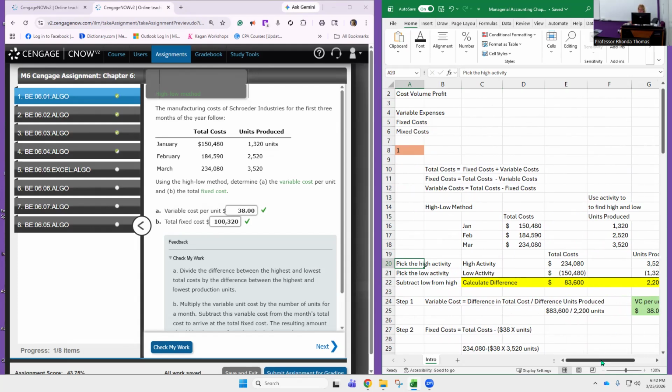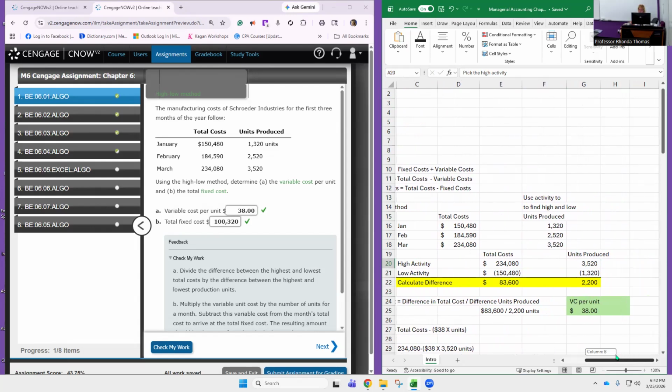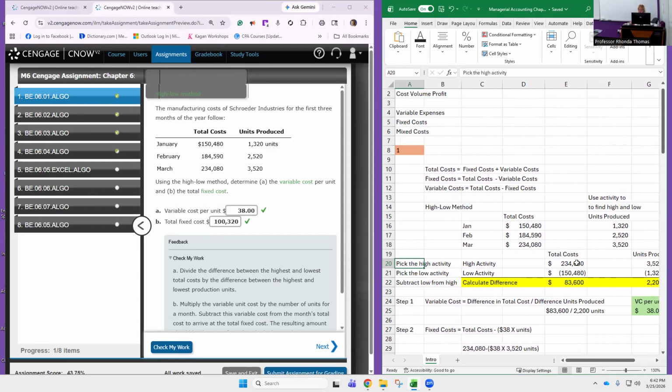So the lowest one is going to get subtracted from the highest one. So now when we pick the lowest activity, we need to remember to subtract that amount. So I've got 150,480 gets subtracted from this cost, right? And I'm going to move this over here so that, remember, these are dollars.